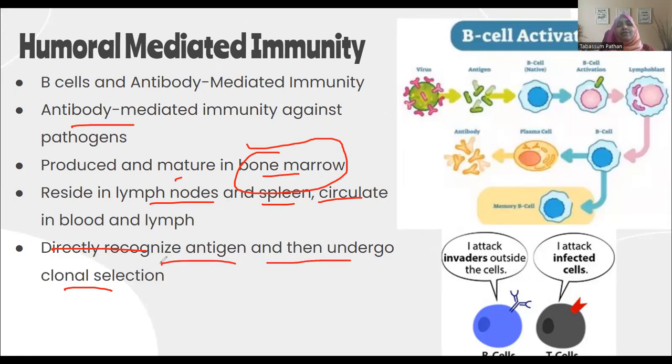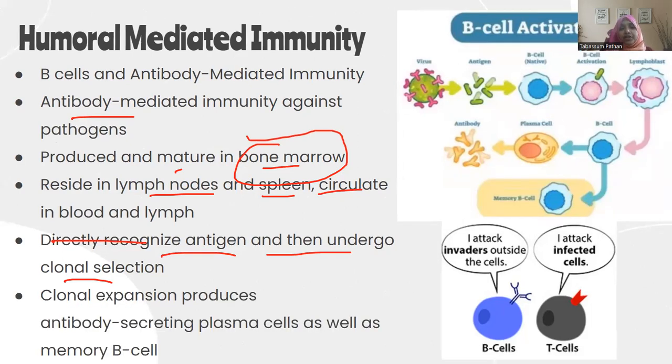Clonal selection is basically that the main B cell will recognize the antigen, and accordingly, the type of B cell that will produce antibodies to kill that particular antigen will undergo division. Clonal expansion will produce antibody secreting plasma cells as well as memory B cells.